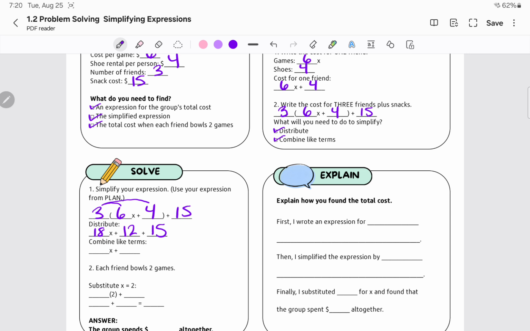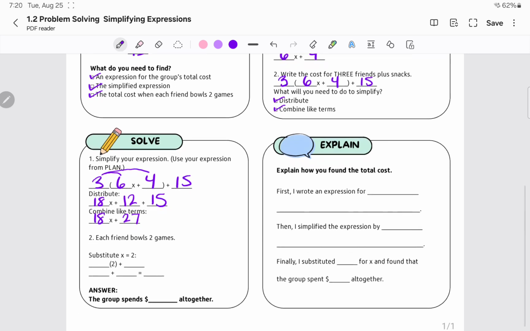Now I'm going to combine like terms. So my like terms would be just my numbers alone. That's the 12 and the 15. So when I combine it, I bring down 18x and I get plus 27. So I'm combining the 12 plus the 15. So now I've done the expression for the group's total cost, and I've simplified that.